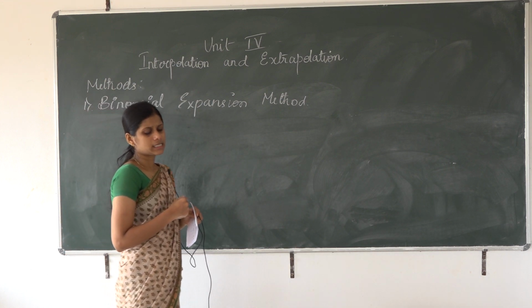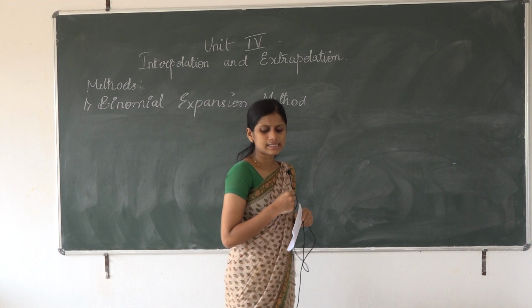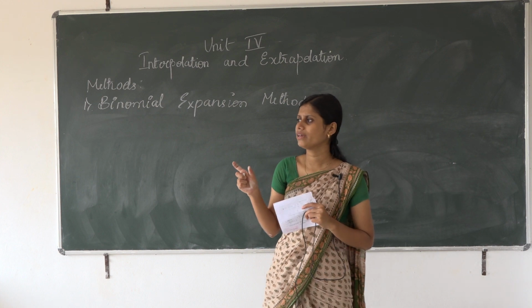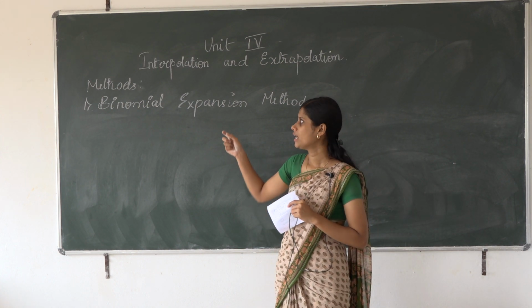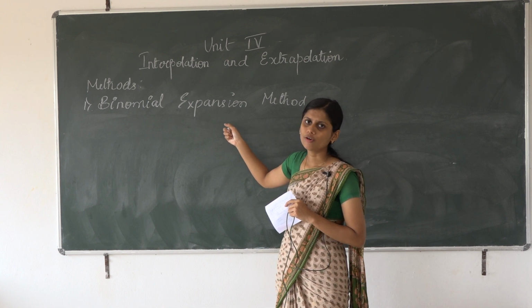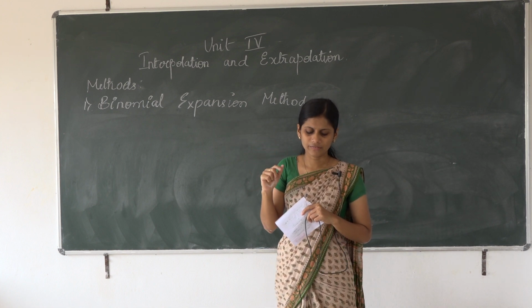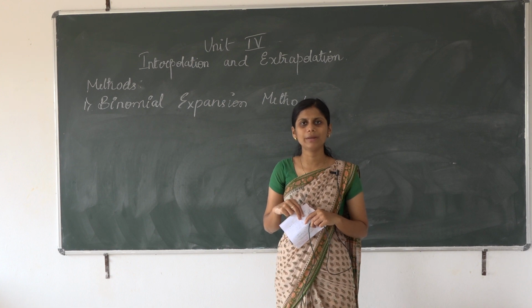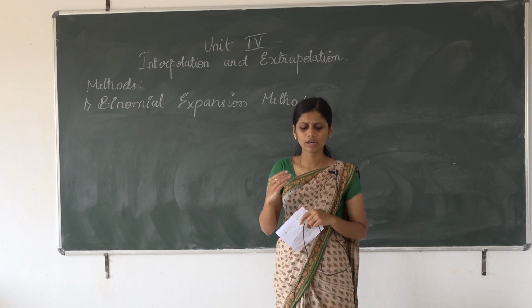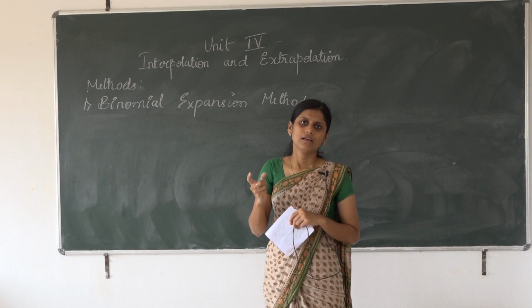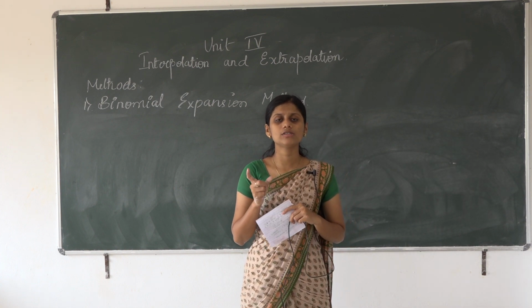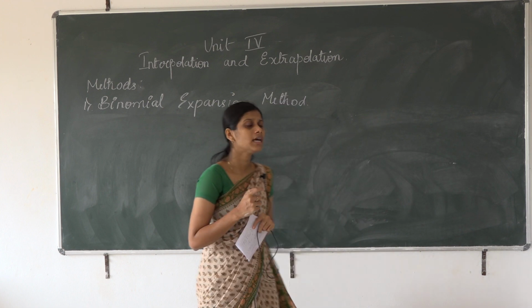The binomial expansion method is applicable under certain conditions. The first one is that the values of the independent variable should have a common difference. The independent variable is x, and the values of x should show a common difference.